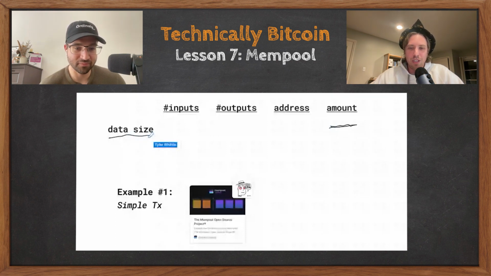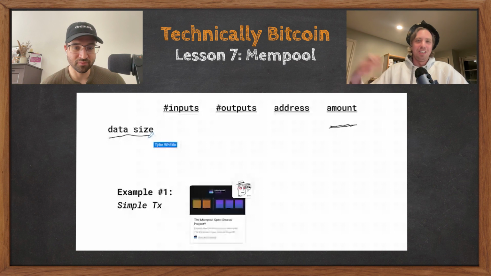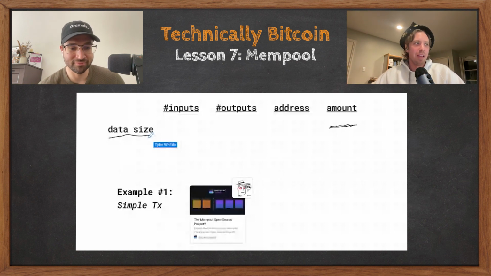So if you're sending 10 Bitcoin or 0.0001 Bitcoin, the data size of those two transactions could be identical. And I think that's the first important thing to note. Then we can actually talk about what does cause data size to go up and why I find myself paying more for these transactions.